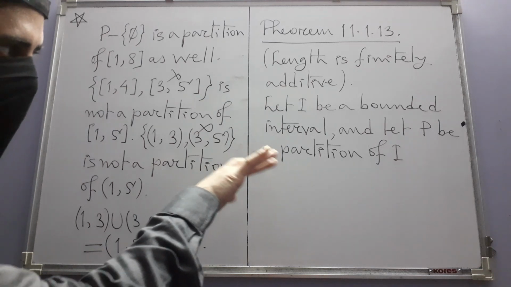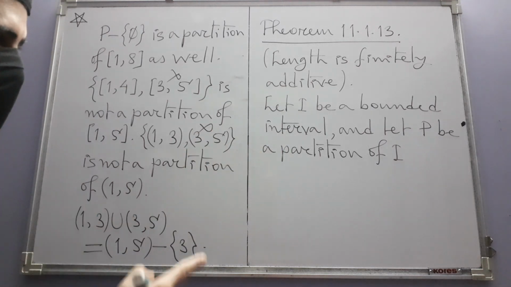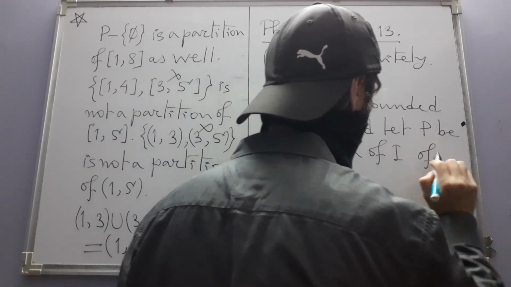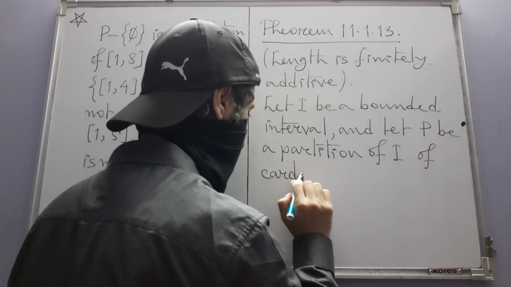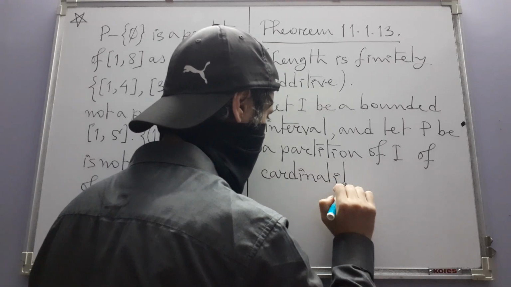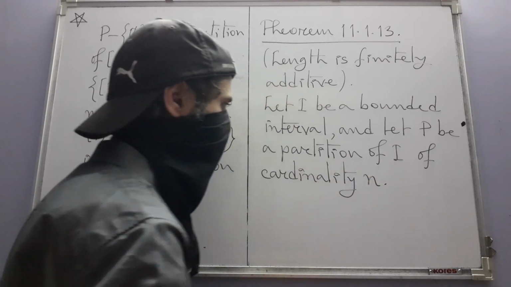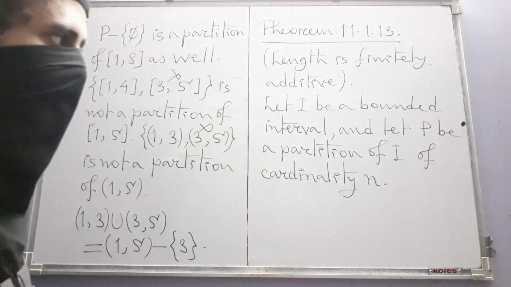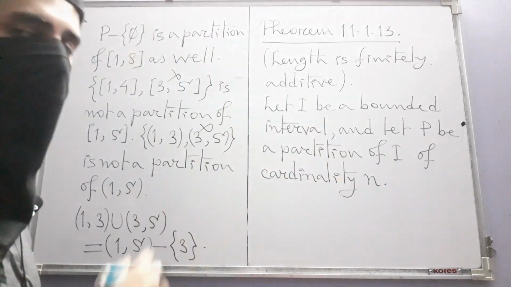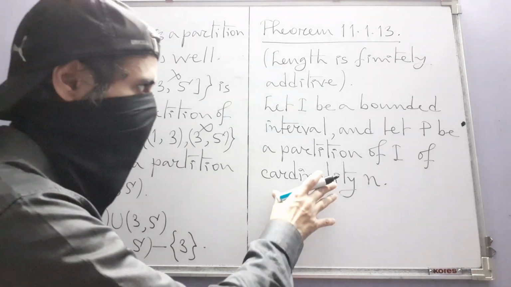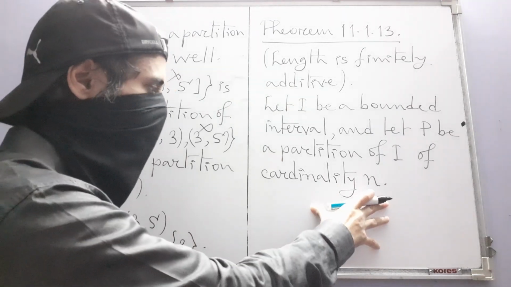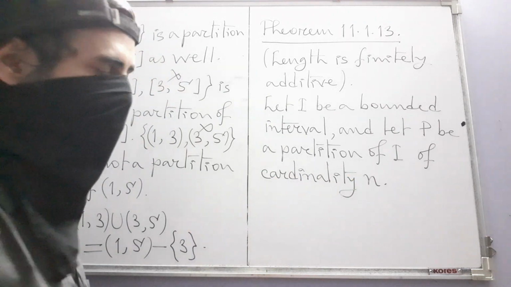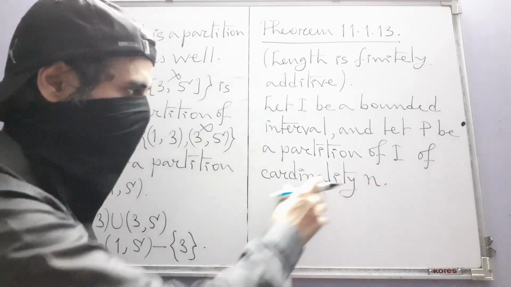Actually, you could simply write till this, but the author has additionally written let P be a partition of I of cardinality n. There is no need to keep this of cardinality n part in this statement itself, but the proof of what we are going to say next involves induction on this cardinality. So for some reason the author has decided to mention it here itself.